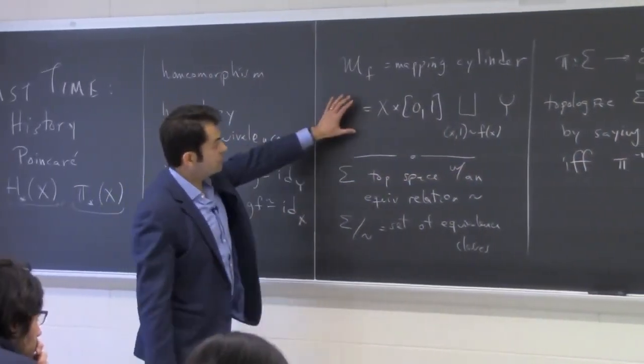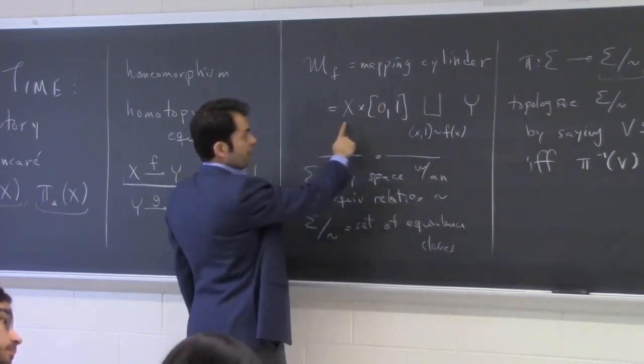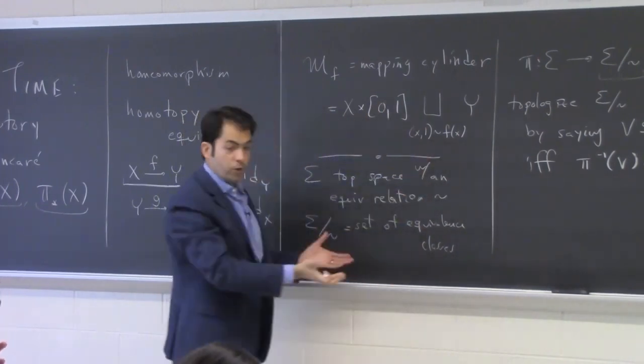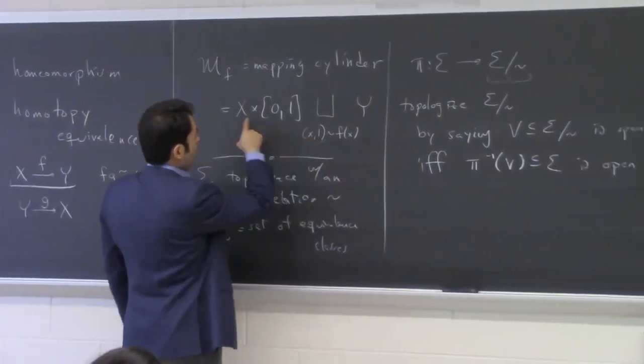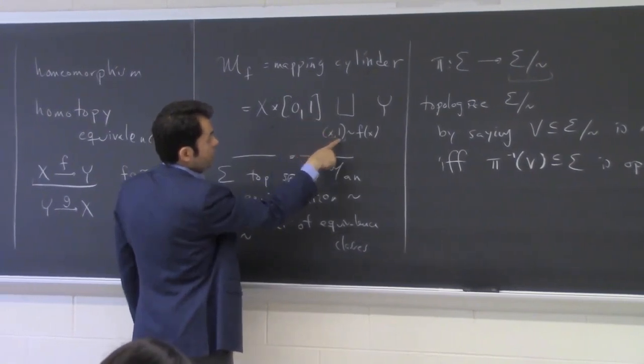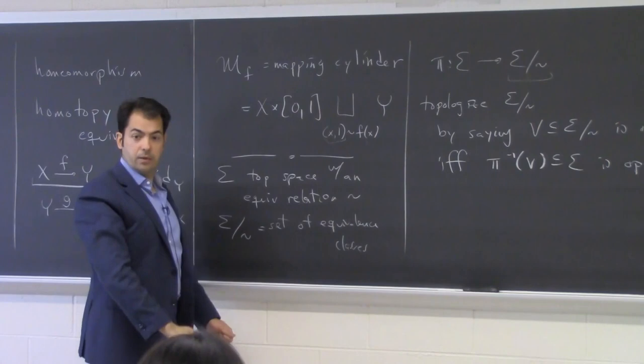Okay, so this is an instance where we're doing that. Our equivalence relation is every point is its own equivalence class unless you're at one of the points (x, 1), in which case the equivalence class also contains f of x in Y, right?